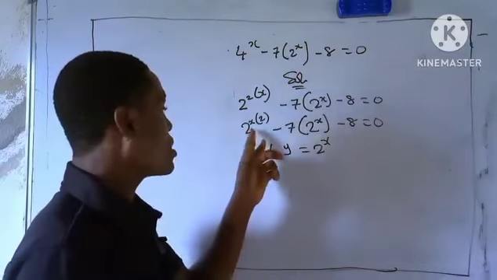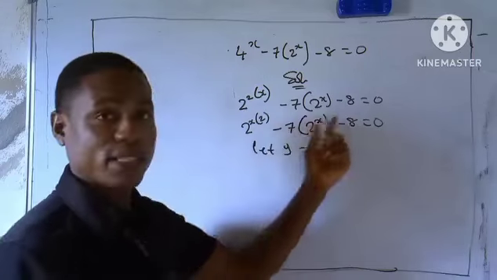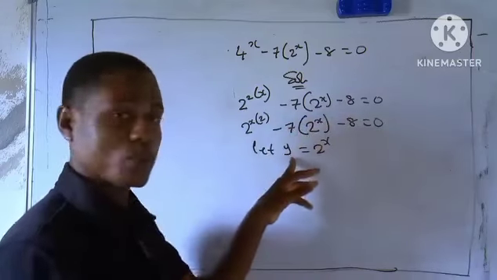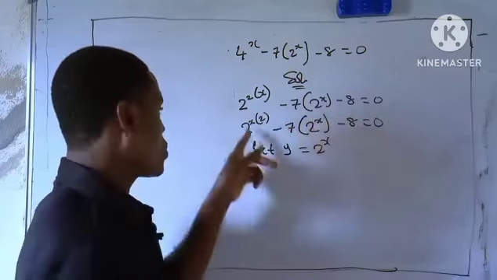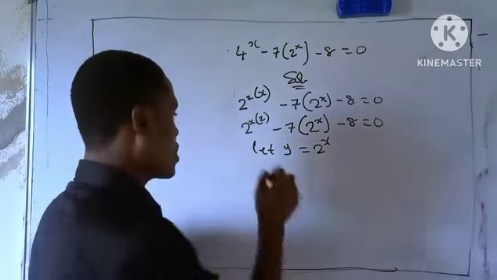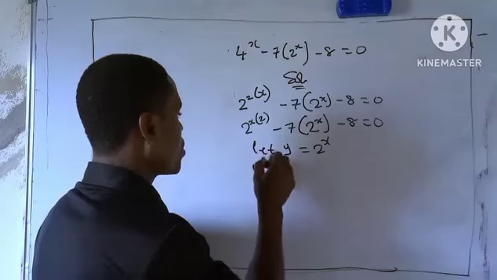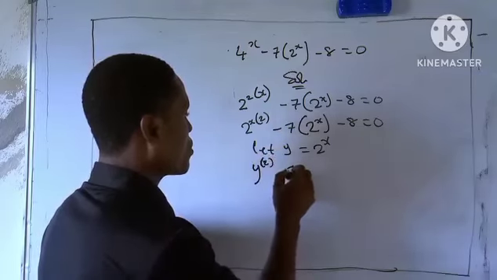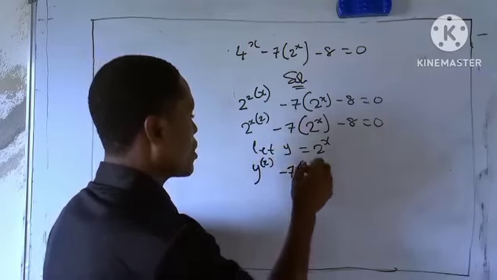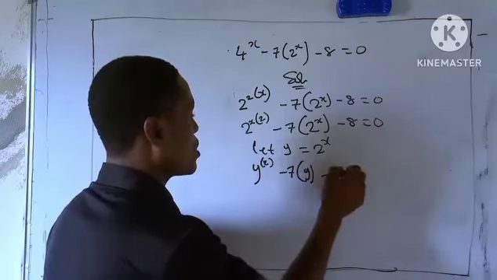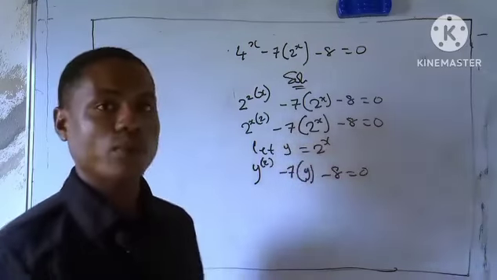So meaning anywhere we see 2 raised to power x in this equation, we put y. So here we have 2 raised to power x, right? So we put y raised to power 2 minus 7y minus 8 equal to 0.